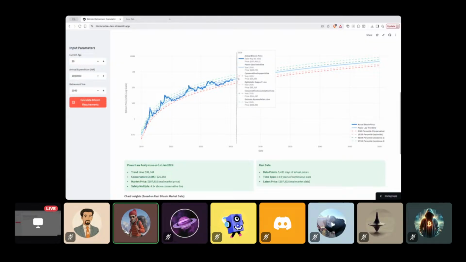What this blue line tells you is that the price action basically follows this power law, and because it is very well explained by this power curve, we can use this to get an idea of how the price will keep evolving in the future.